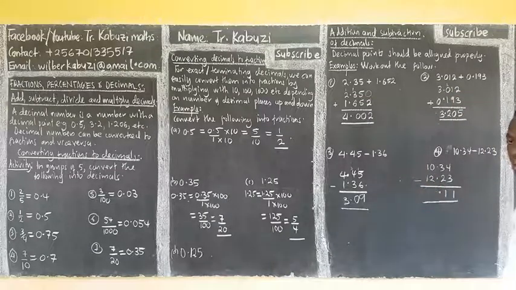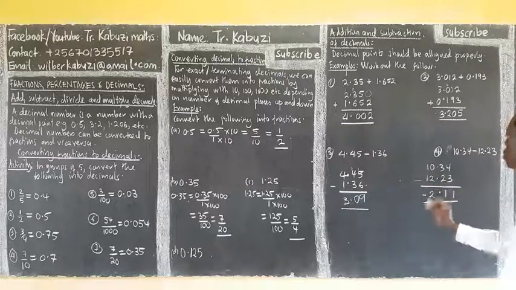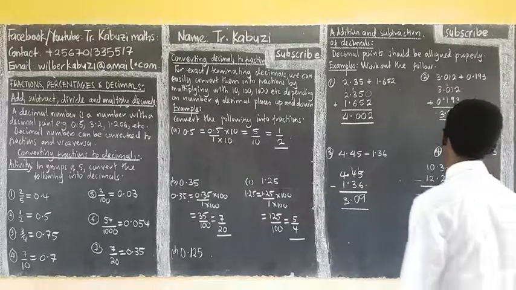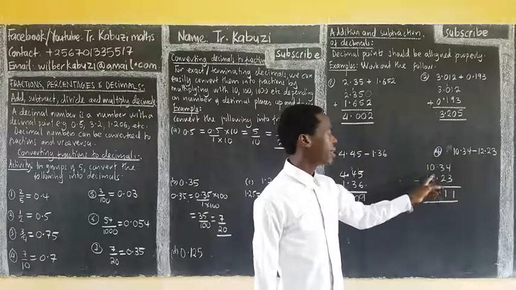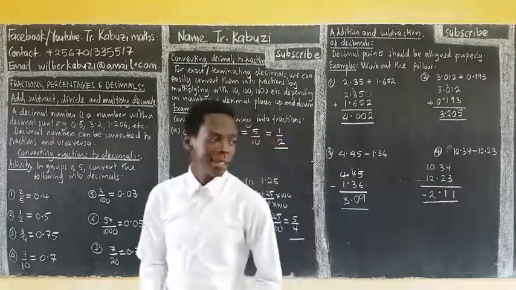Then 10 minus 12. So now this one is bigger. So 10 minus 12 we get a negative 2. This one now is a whole figure. So this is 10 and this is 12. So you get 10 minus 12, you get a negative. So you can ably get a negative there.